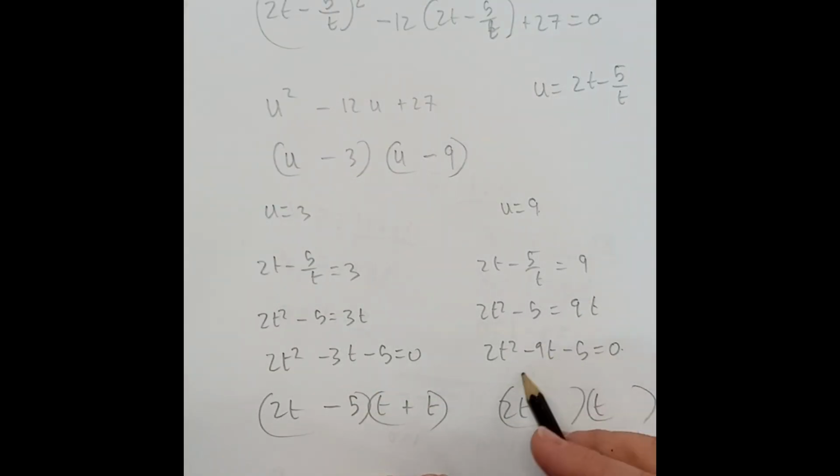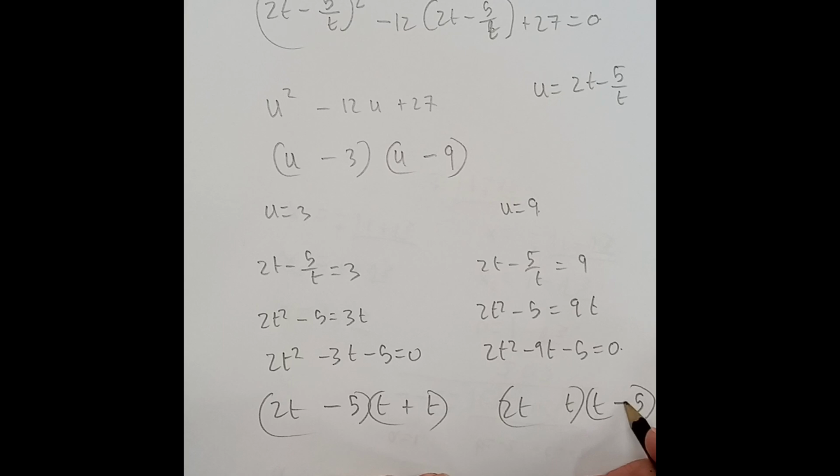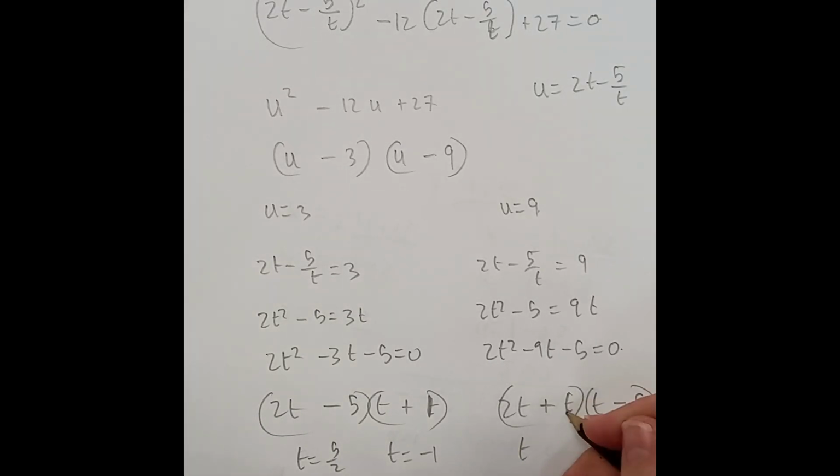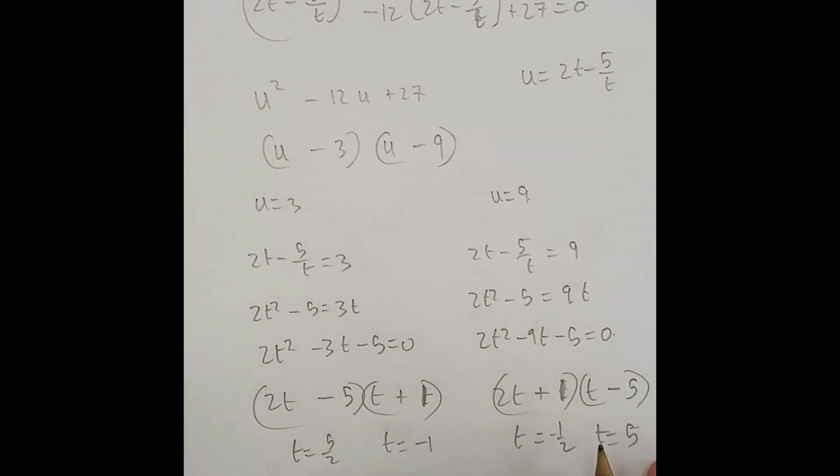And for the other, we're looking for a 9t, and a 5 and a t, and we're looking for a negative. So our answers are t is equal to 5 over 2, t is equal to minus 1, sorry, t is equal to minus a half, and t is equal to 5. So hopefully that makes sense to you.